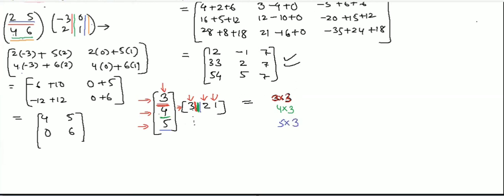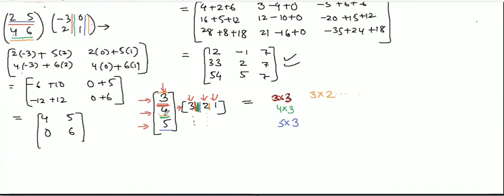Now again come to the first row and keep the second column. Here we will write 3 multiplied by 2. Then no number underneath, so we will not add anything here.